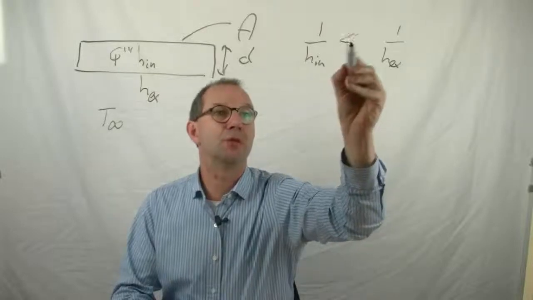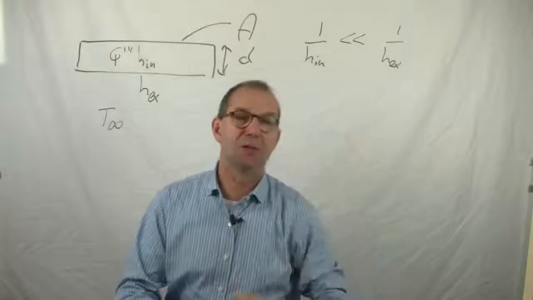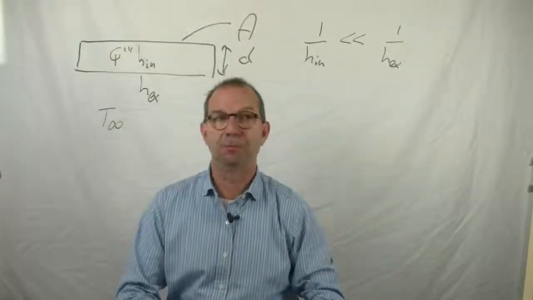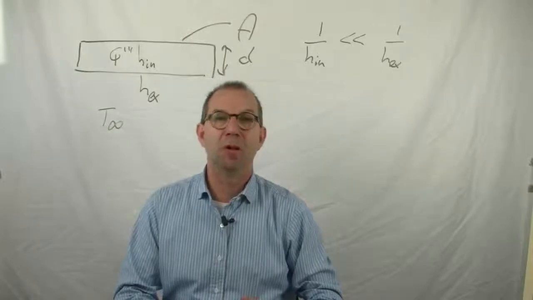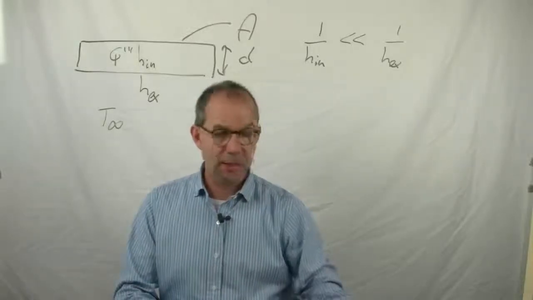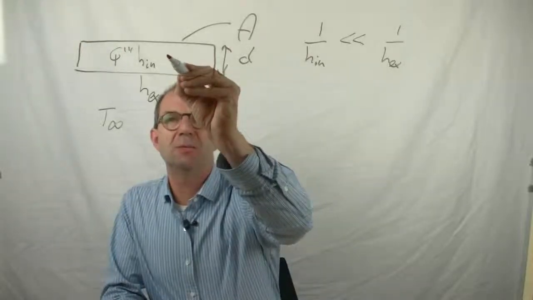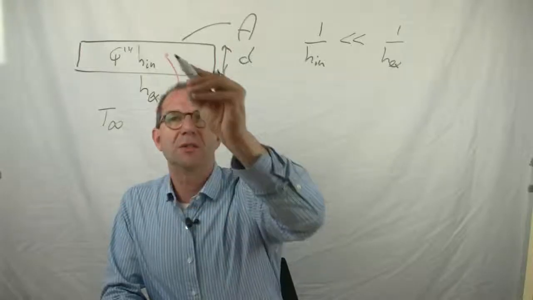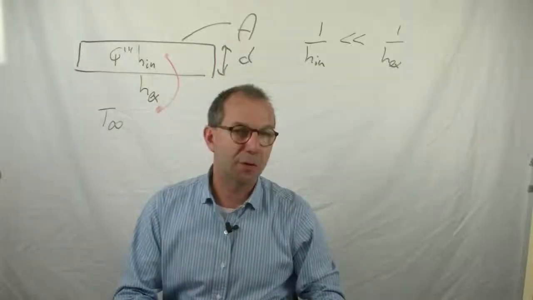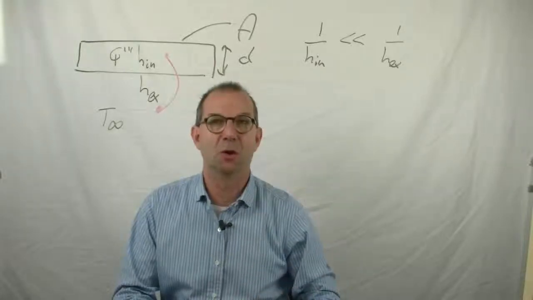So this is much smaller, or H internal is much larger than H external. Now if we use the analogy with Ohm's law, in a steady state it means that there must be a temperature jump from here to here. The temperature jump is kind of our driving potential, the delta V if you do it in Ohm's law.